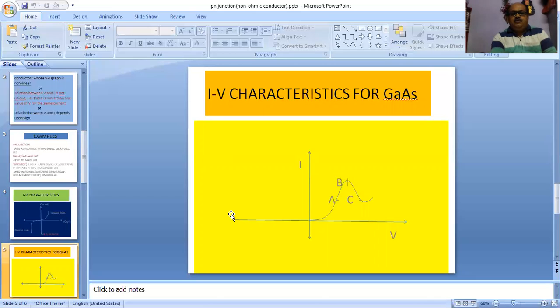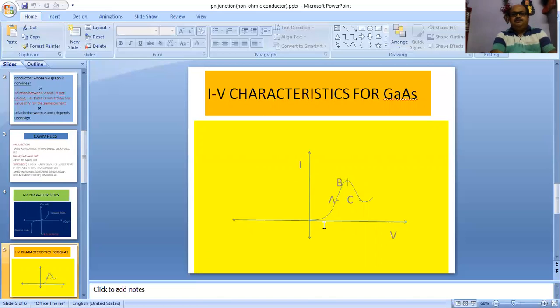Up to a certain value of V, I increases very gradually. And after that, I increases rapidly up to point B. And when V is further increased, I decreases. And after a certain value, again I starts increasing.